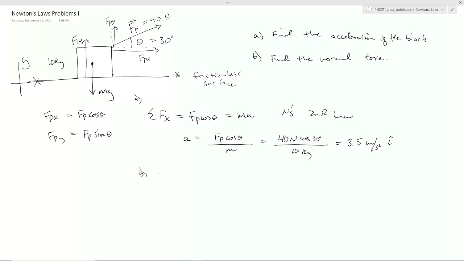And then for B, we can look at the sum of the forces in the y direction. So what are we going to have? We would have the normal force, minus mg, and then notice we also have this Fpy.